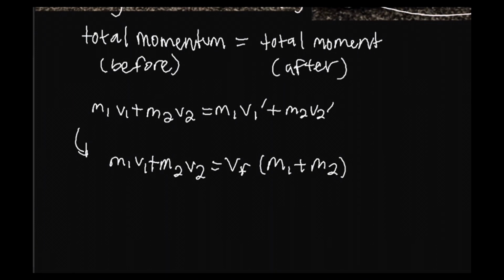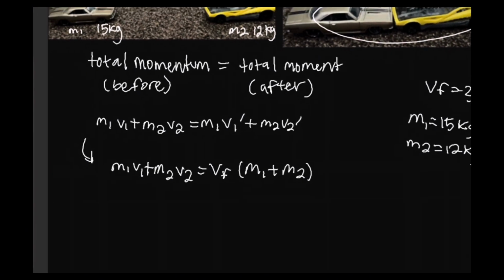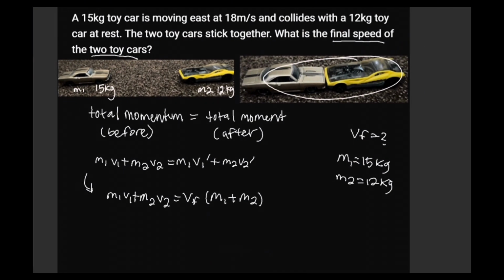So let's write down what we do know, even though we kind of already have it. We have our mass 1, which is 15 kilograms. We have our mass 2, which is 12 kilograms. We also have their velocities.